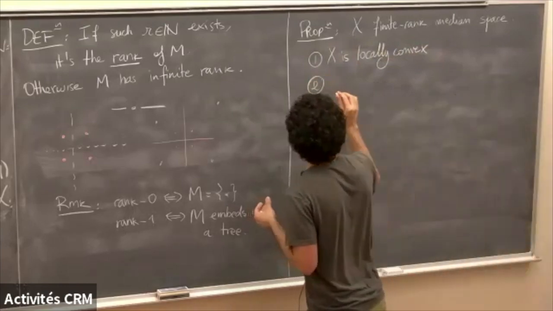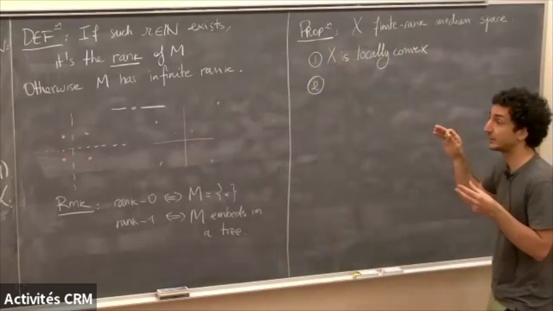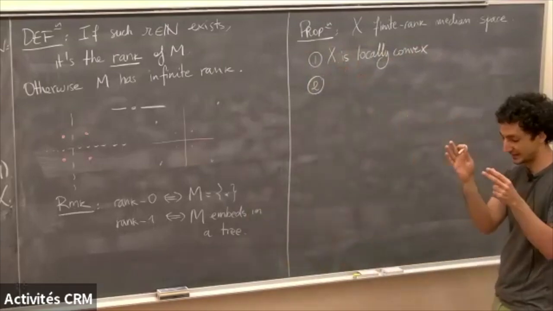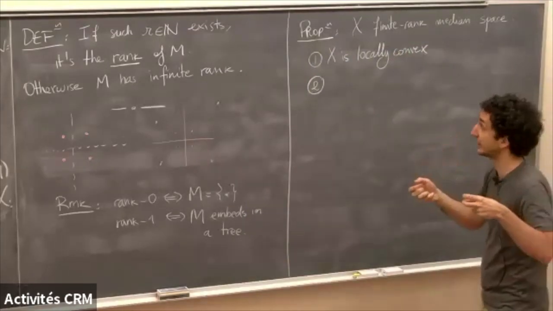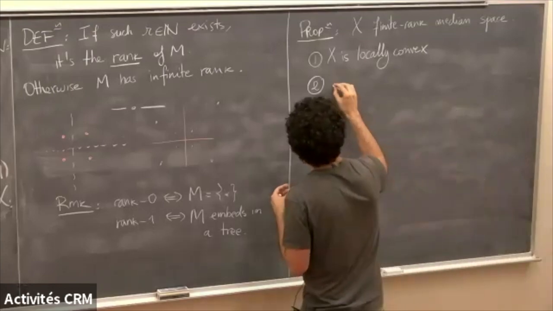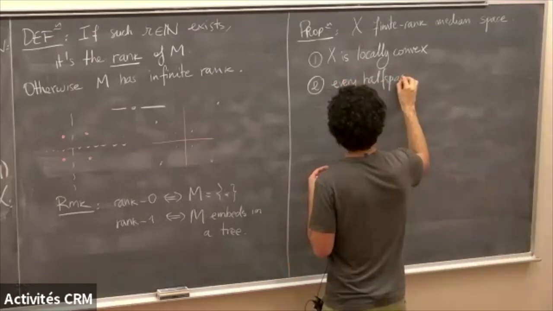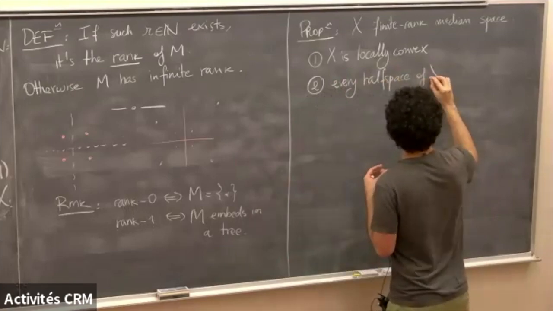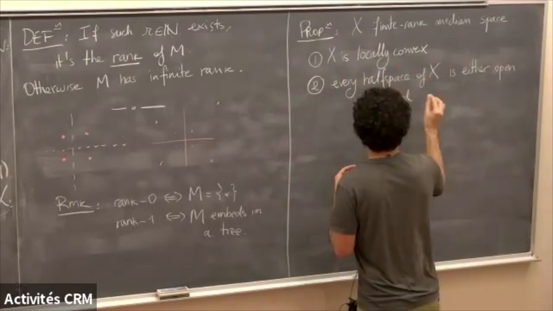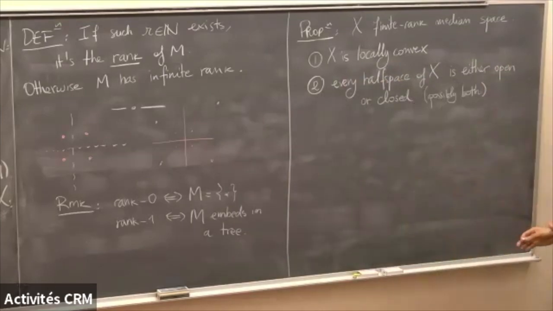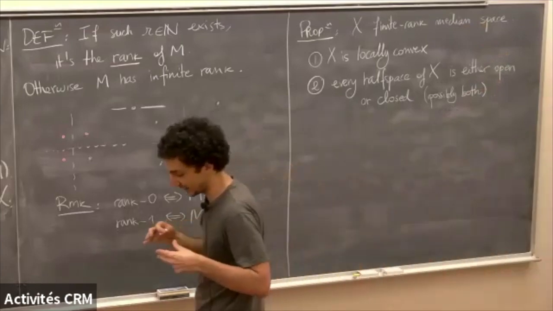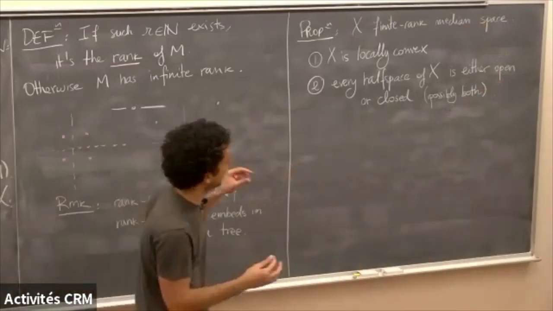And secondly, this is telling you that half spaces are not too bad, because I mentioned this the other time, it means that you can really separate not just points by half spaces, but really neighborhoods of points. And using this, you can show that every half space of X is either open or closed. Okay, possibly both at the same time. Of course, if it's connected, you cannot have both at the same time. But this is telling you that half spaces are really nice topological subsets, they're not a mess.